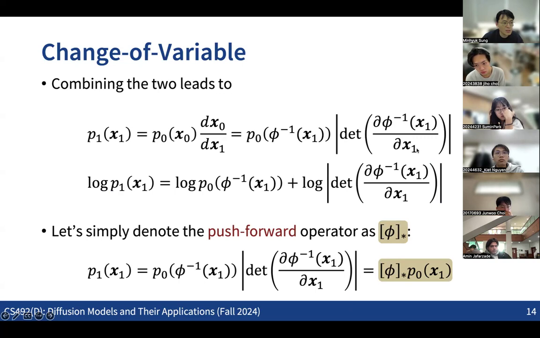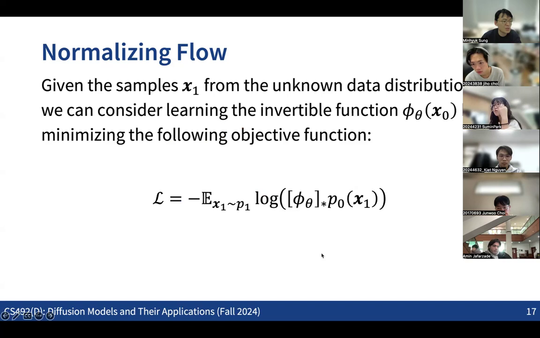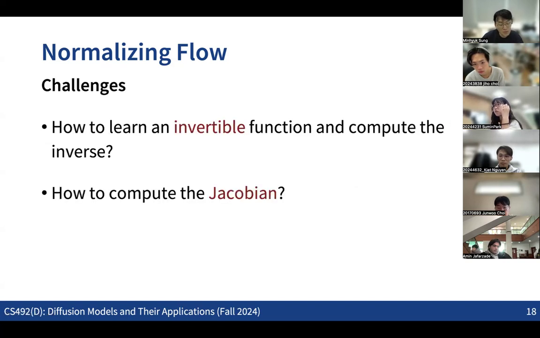And also computing the Jacobian and the determinant of the Jacobian. So how we can find such an invertible function and compute the inverse itself is one challenge, and how we can efficiently compute the Jacobian is another challenge.